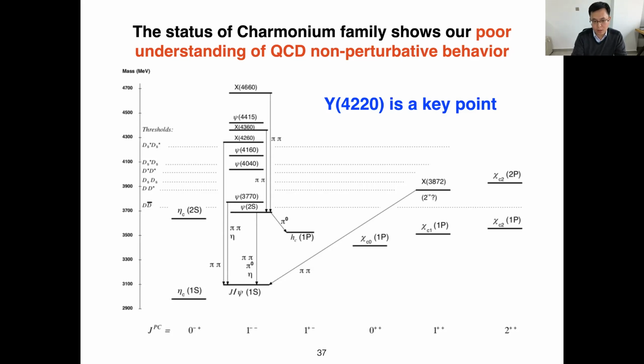We still did not establish this state, and we have other problems for the higher states. So the Y state around 4.2 GeV with the nano structure is a key point to construct the J/psi family, especially for the charmonium states above 4.2 GeV.